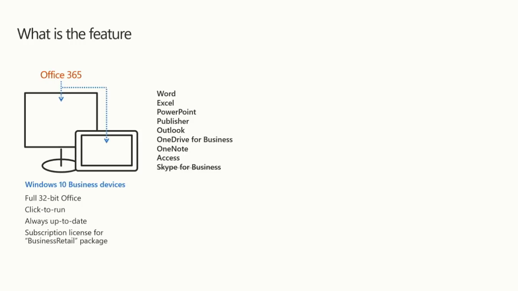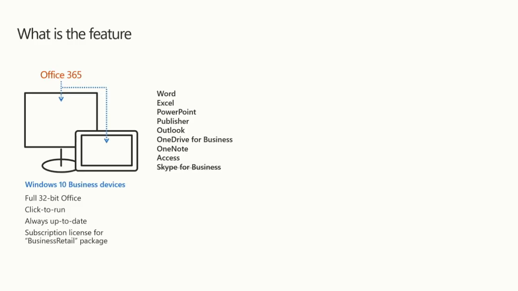So what the feature does is, as soon as you have your Windows 10 devices in the Windows 10 business state, on the admin portal, either in the setup wizard, which we saw in the video, or in the policies card, the admin can elect and say, go and deploy Office to these users.